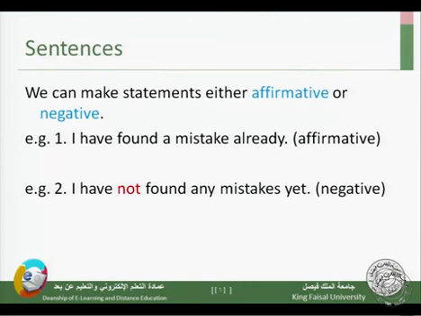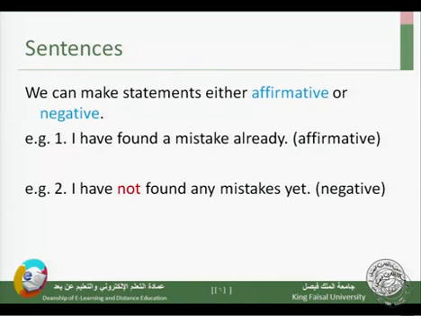I have not found any mistakes. Okay, this is a negative sentence. It denies the information that was affirmed in the first sentence. So it negates the fact that this person found any mistakes. So I have not found any mistakes yet.